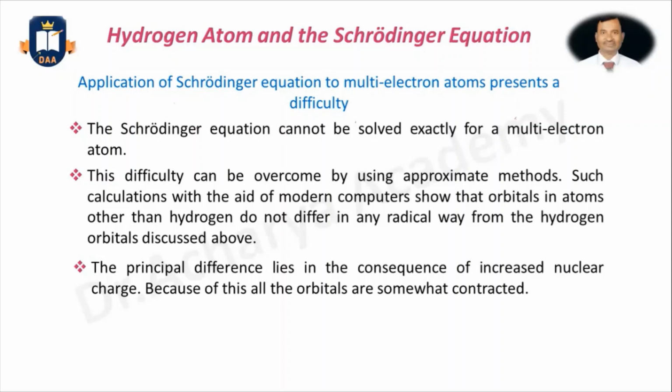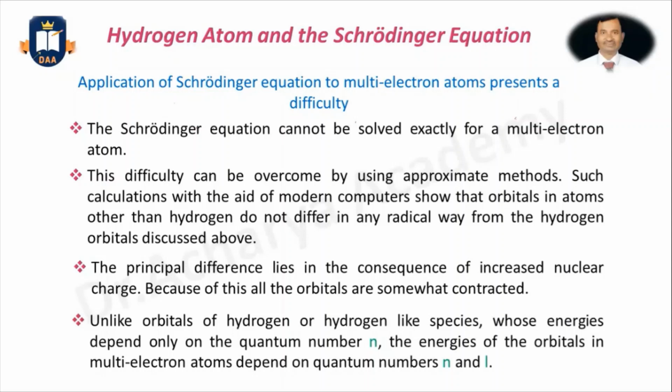Because of this, all the orbitals are somewhat contracted. That means because of the increased nuclear charge, the outer orbitals will be a little bit contracted towards the nucleus. And that is the reason why the Schrödinger equation cannot be solved exactly for multi-electron atoms.